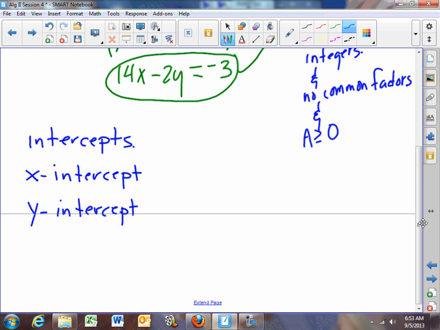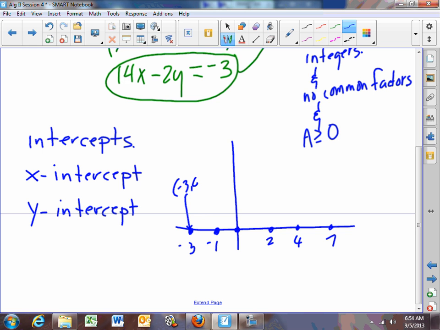Now, let's take a look, for example, at just a simple little x-y axis here. And let's put some points on the x-axis. And let's let this be -3, -1, 2, 4, 7. This point right here actually has coordinates -3, 0.